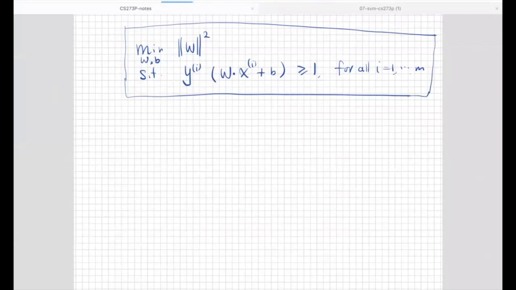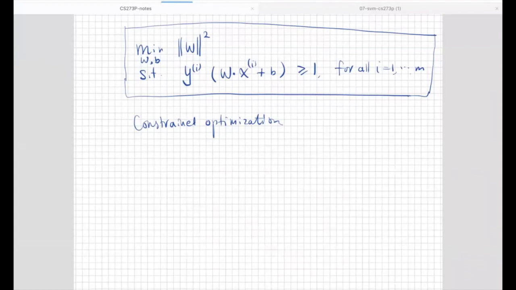This type of problem is called a constrained optimization problem, and it is different from the problems we talked about previously. Everything we talked about so far, we formulate a loss function and want to minimize it. In this case, you minimize some function, but at the same time, you have a set of constraints that the solution needs to satisfy.